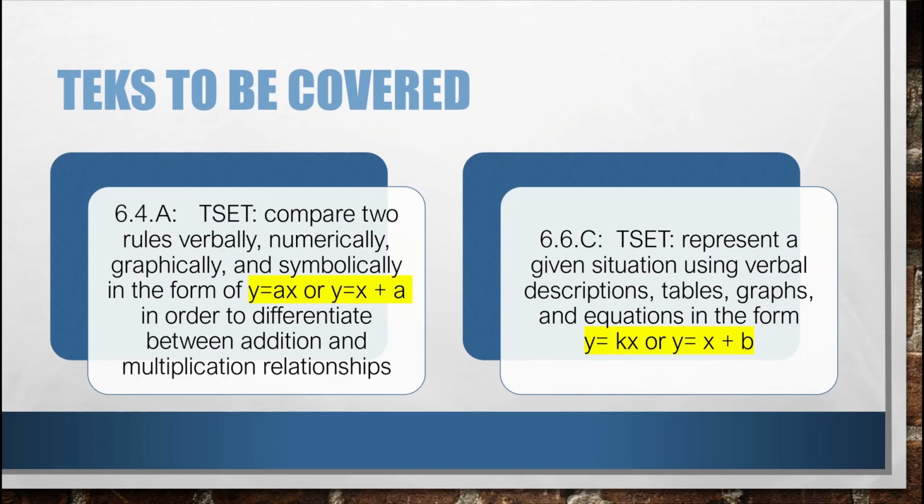You also are expected to represent a given situation using verbal descriptions, tables, and graphs, and equations in the form of y equals k multiplied by x or y equals x plus b.